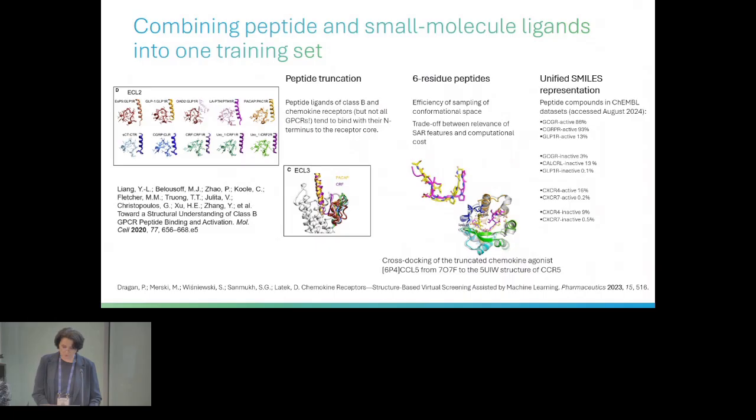We found a solution to combine these peptide and small molecule compounds into one dataset. This is done by peptide truncation to 6-residue fragments. This truncation is usually done at the C-terminal site, as most known peptide ligands of GPCRs interact with receptors with their N-terminus.